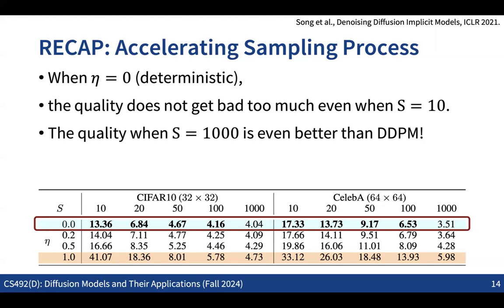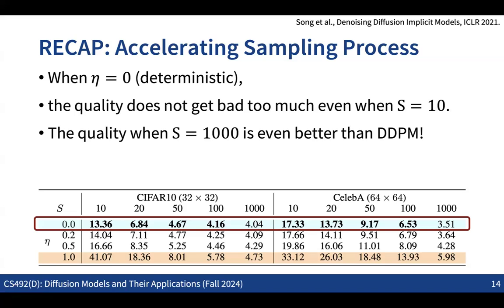Obviously, as we decrease the number of time steps, the quality of the generated images gets worse. These are the FID scores, which means that lower is better. As we get a higher FID score, the quality of the image is worse.